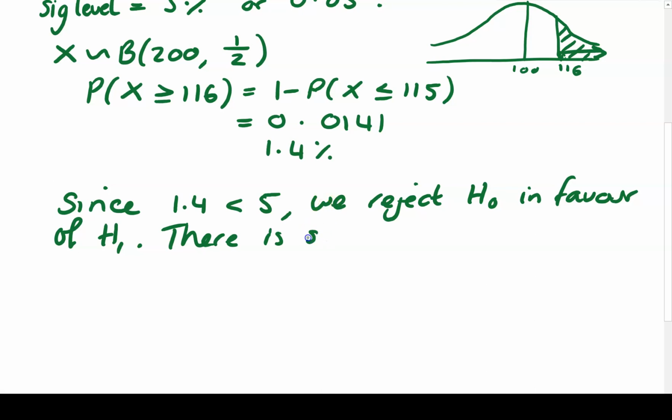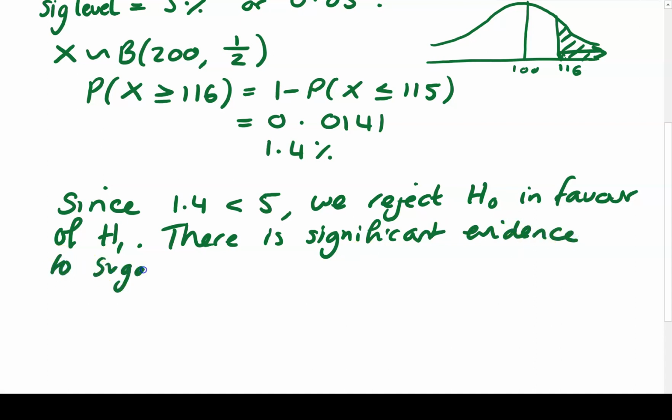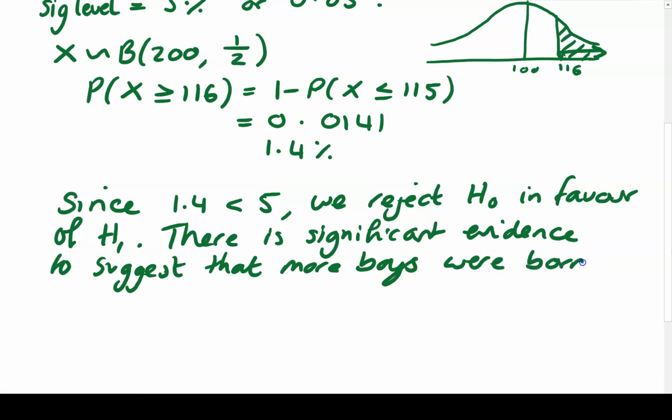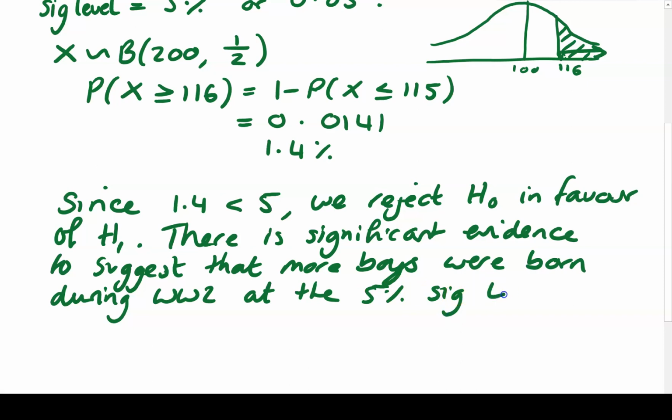There is significant evidence to suggest, and you've got to write this every time, and now you put the context in, that more boys, always refer it back to the question, were born during World War II at the, and you have to put the significance level in, 5% significance level.